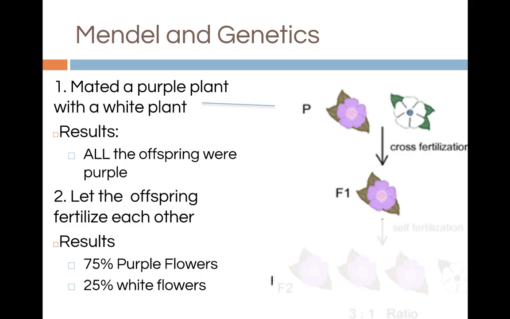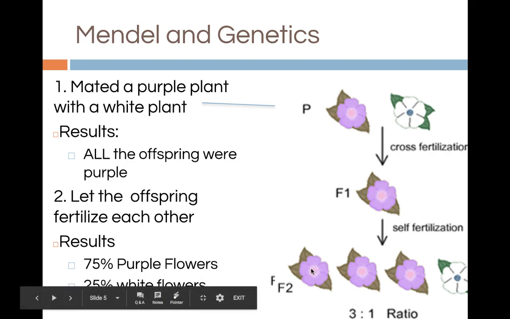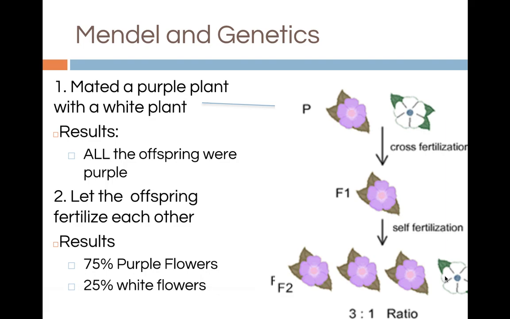And then when he let them self-fertilize, again, so, you know, there's probably hundreds of these flowers around, when they're mating with each other, he got this kind of breakout, the 75% purple to 25% white. And again, no matter how many times he did it, it would always come out to be about 75-25. So he got to thinking about, what does this actually mean? Because he knew something was happening and he just had to put the pieces together.